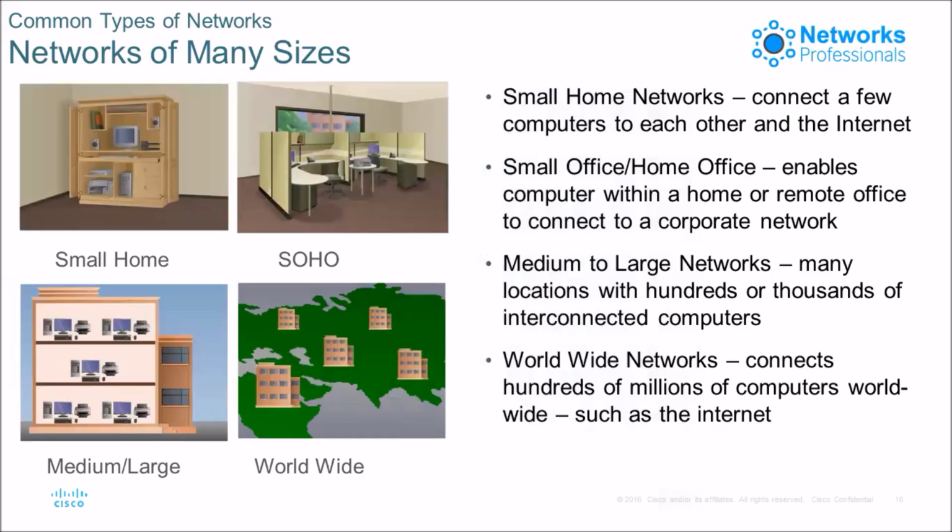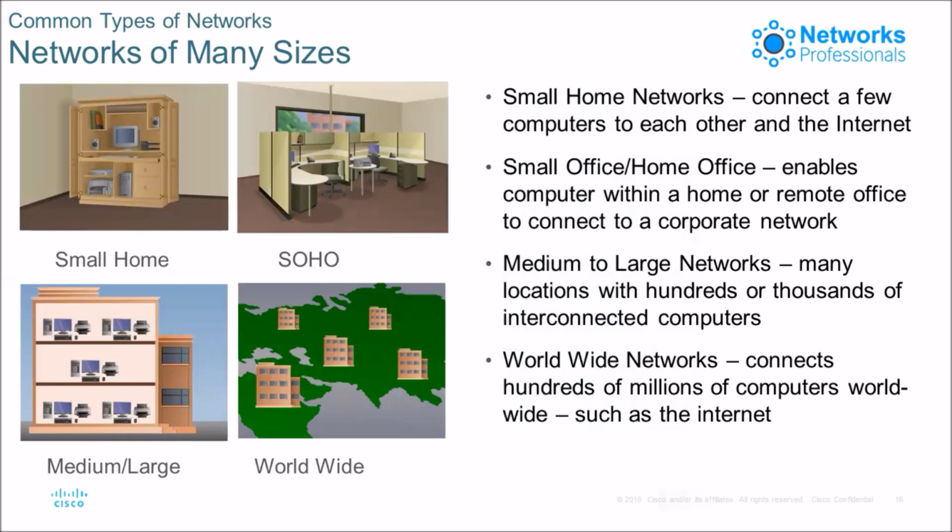Here you can see in this picture, there are 4 main types of networks: small home networks, small office or home office networks, medium to large scale networks, and worldwide networks. Networks come in all sizes. They range from simple networks consisting of 2 computers to networks connecting billions of devices.